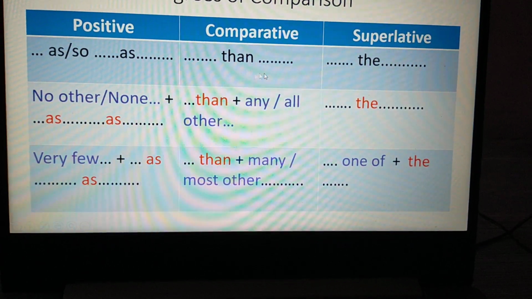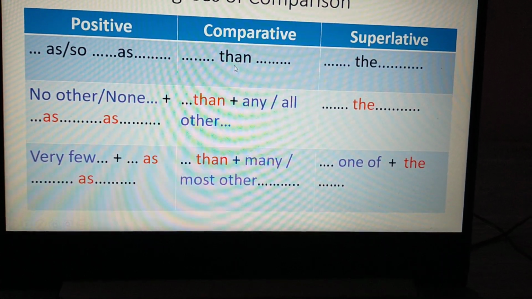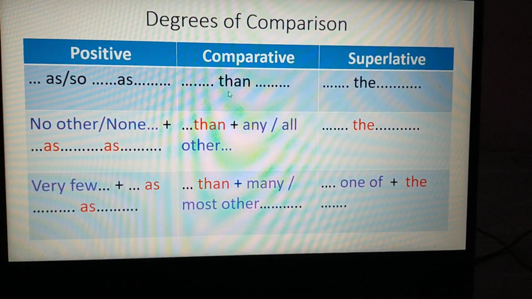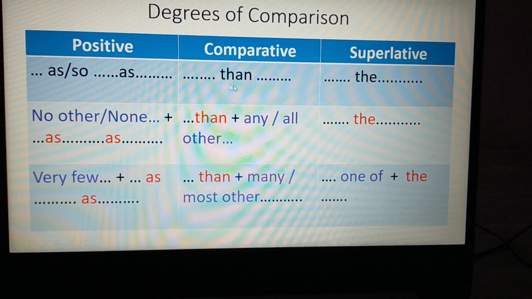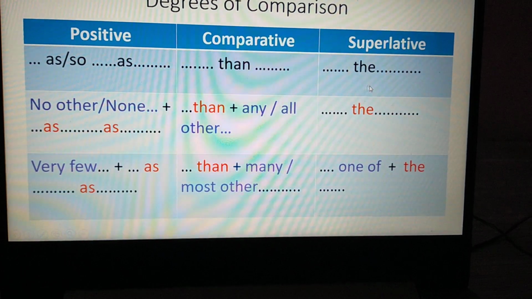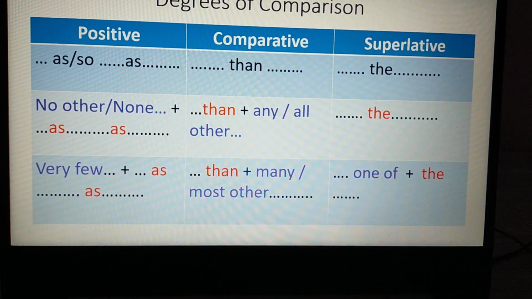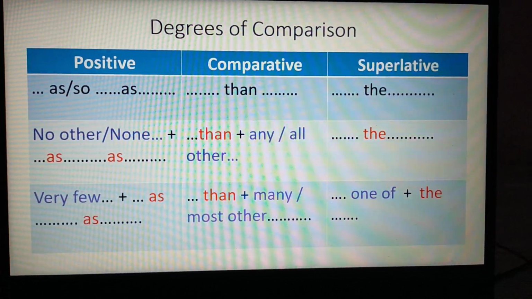Second, when before the adjective you have the word than, then it is in the comparative degree. And the superlative degree will always have the article the before it. So these are the three ways in which you can identify the three degrees.